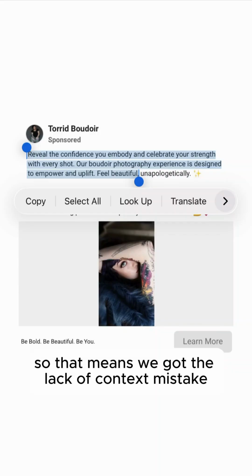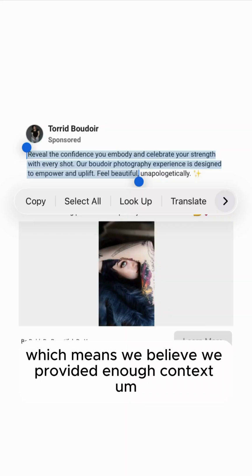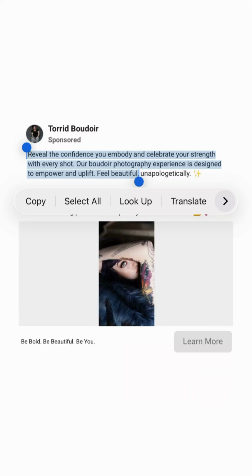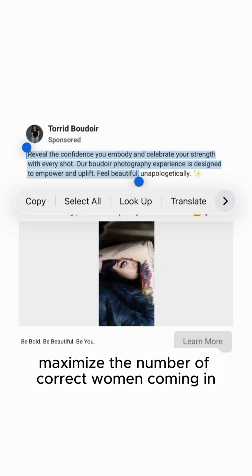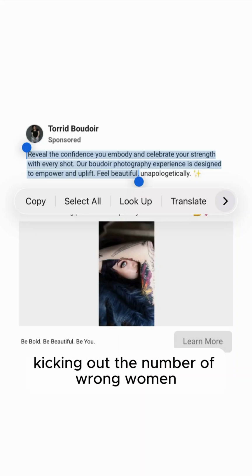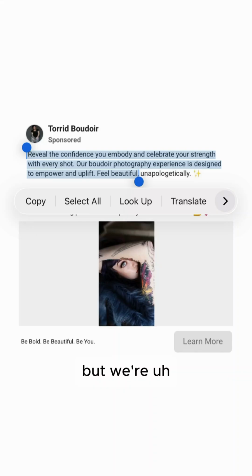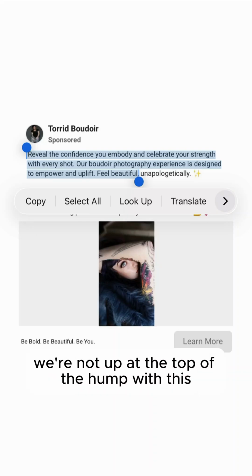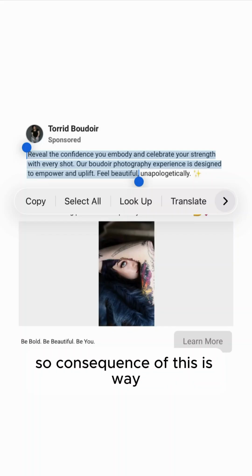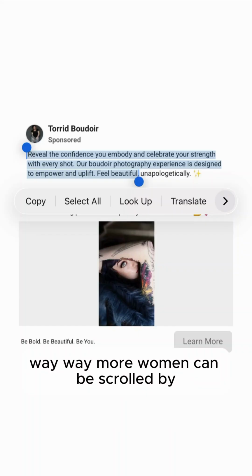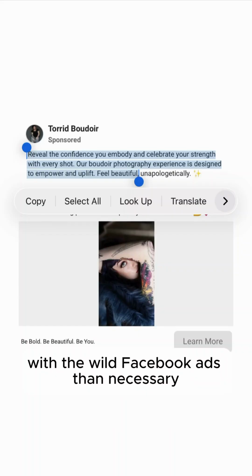So that means we got the lack of context mistake, which means we believe we provide enough context to maximize the number of correct women coming in, kicking out the number of wrong women. But we're not up at the top of the hump with this. So the consequence of this is way more women are going to be scrolling by with wild Facebook ads than necessary.